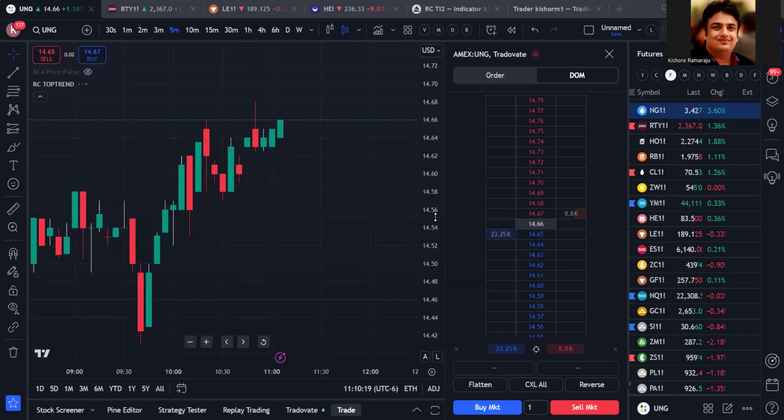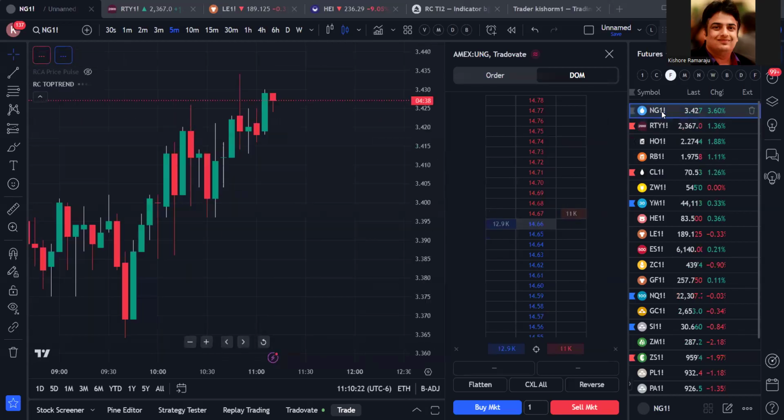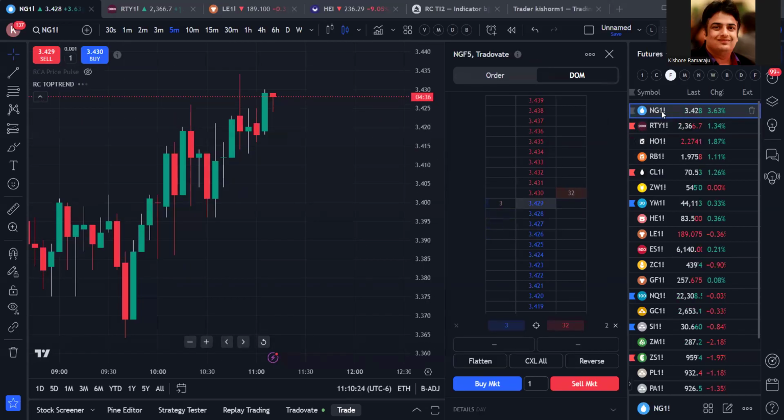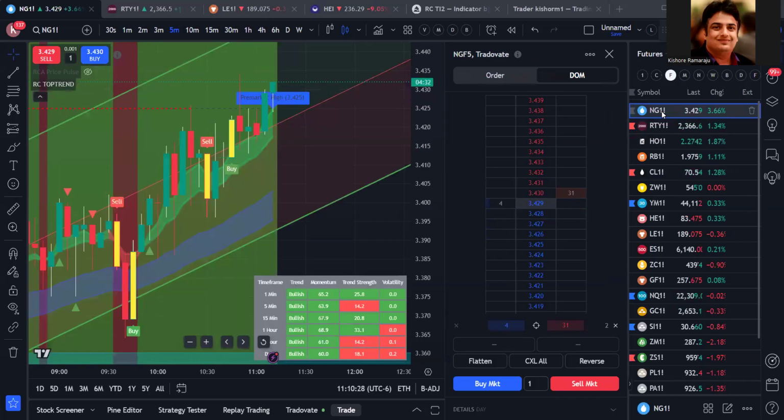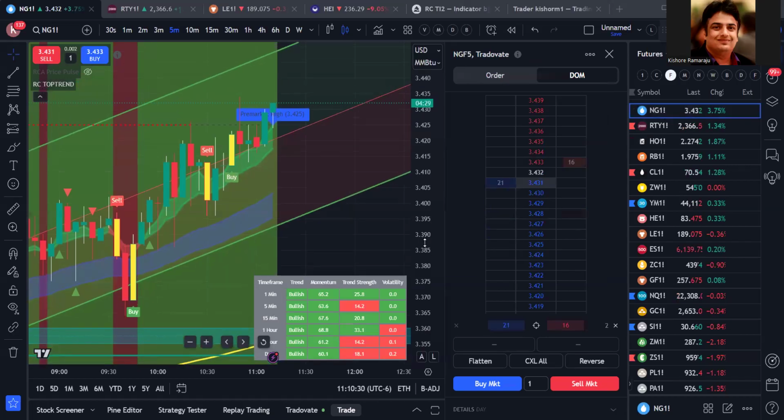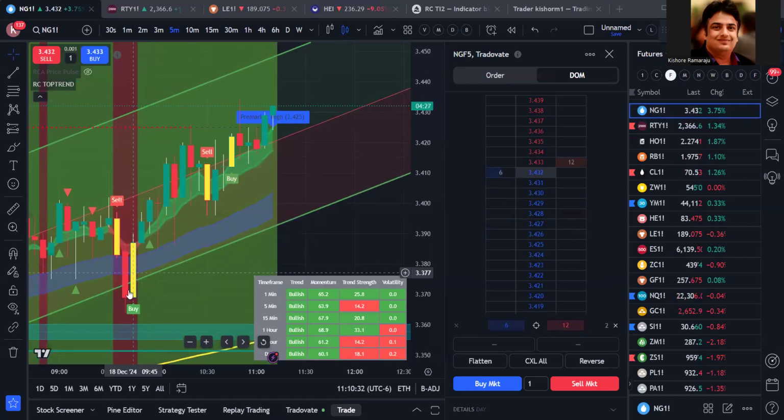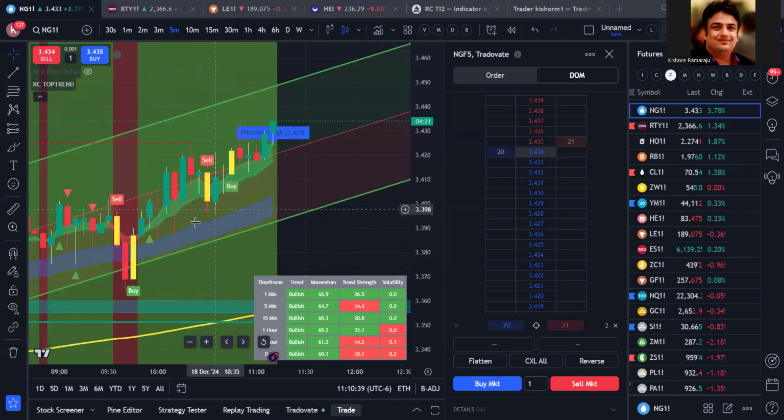Right now, I am hiding Price Pulse. So Top Trend is another one of our top indicators, which tells you whether the price is in the uptrend or downtrend.